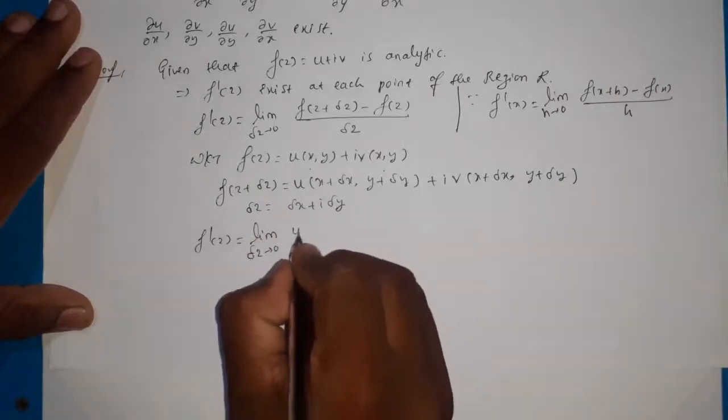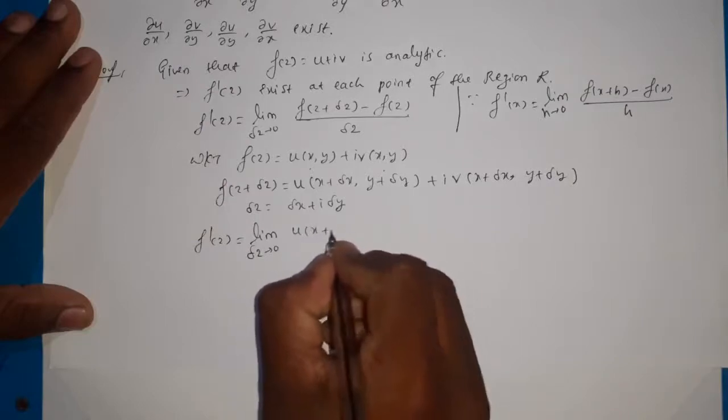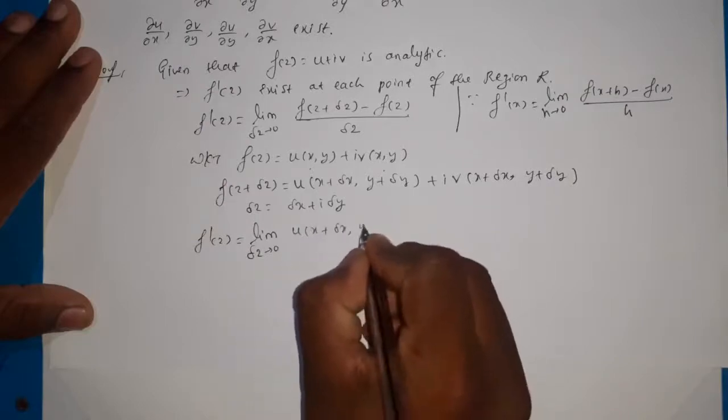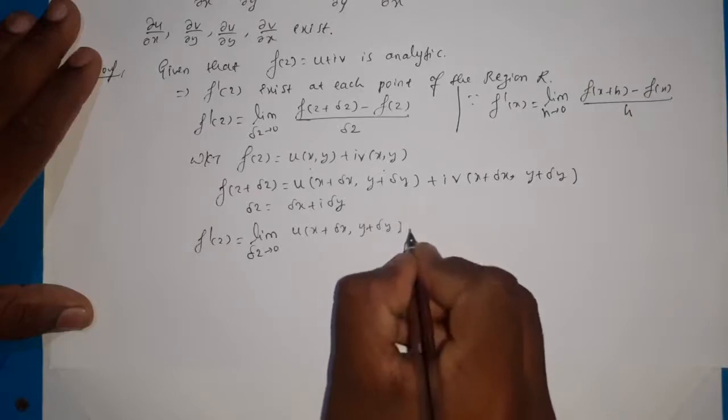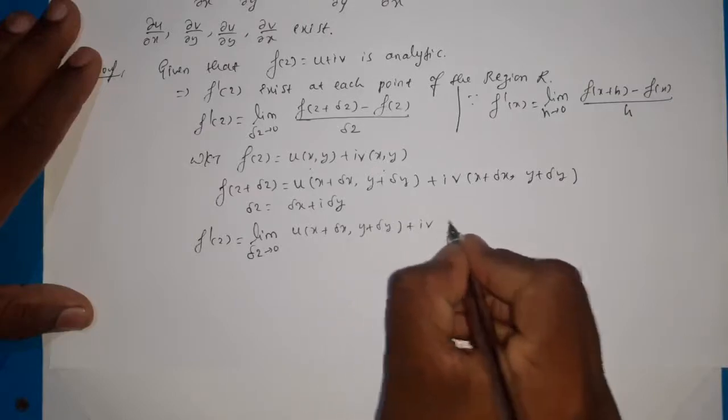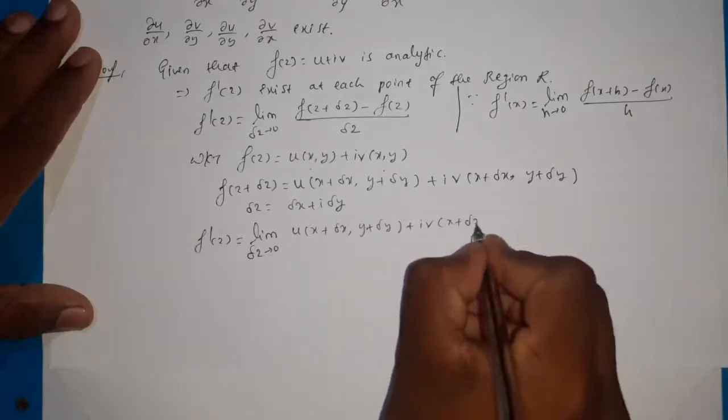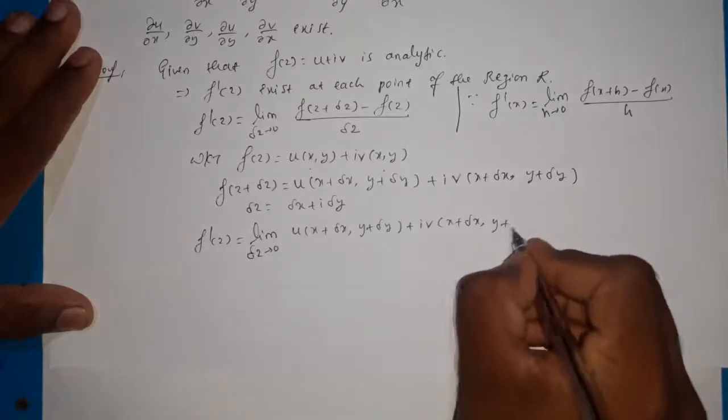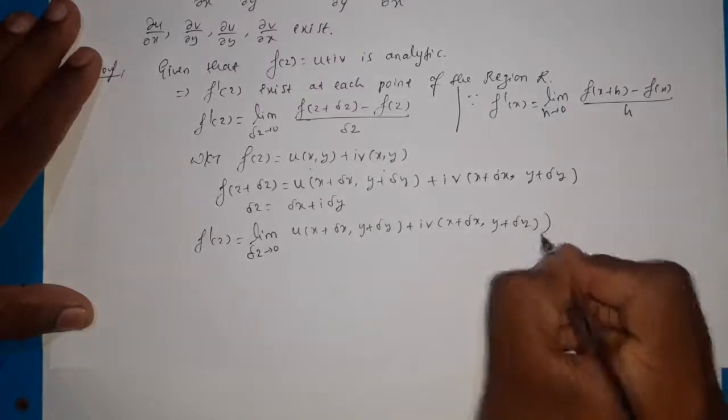Here it is u of x plus delta x comma y plus delta y plus I into v of x plus delta x comma y plus delta y.